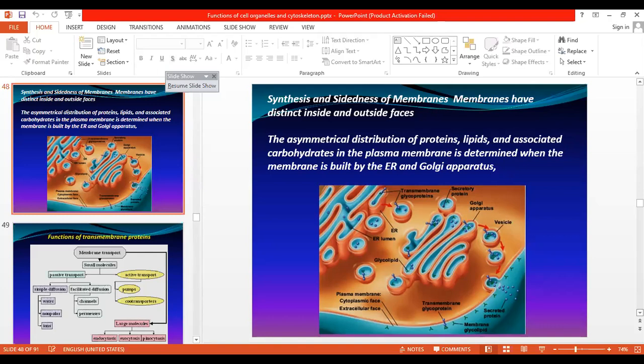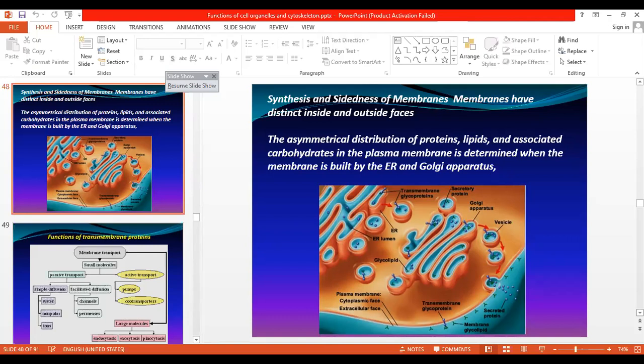A transmembrane protein has an extracellular domain, transmembrane domain, and intracellular domain, right? One molecule will come and bind, and then the carrier protein will rotate. The outside part will go inside and the inside part will go outside. That is what you call transport.